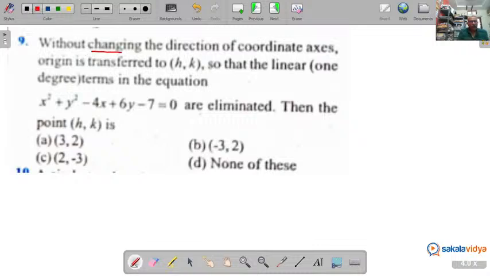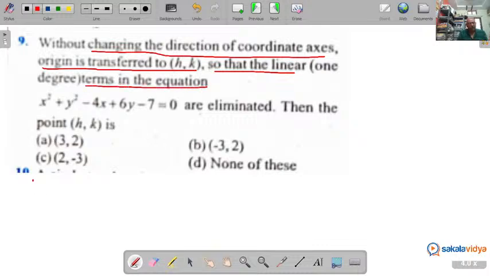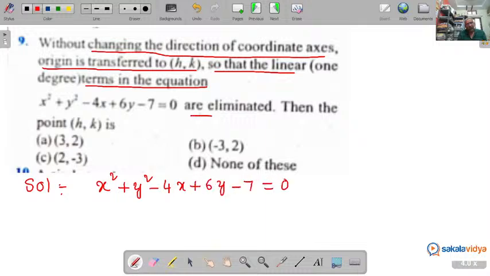See, without changing the directions of the coordinate axis, origin is transferred to h comma k, so that the linear degree terms in the equation x square plus y square minus 4x plus 6y minus 7 is equal to 0 are eliminated.